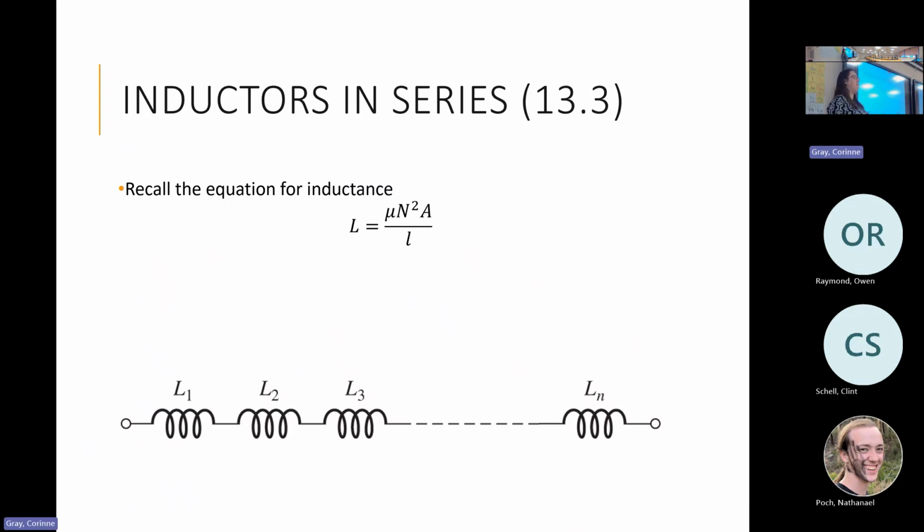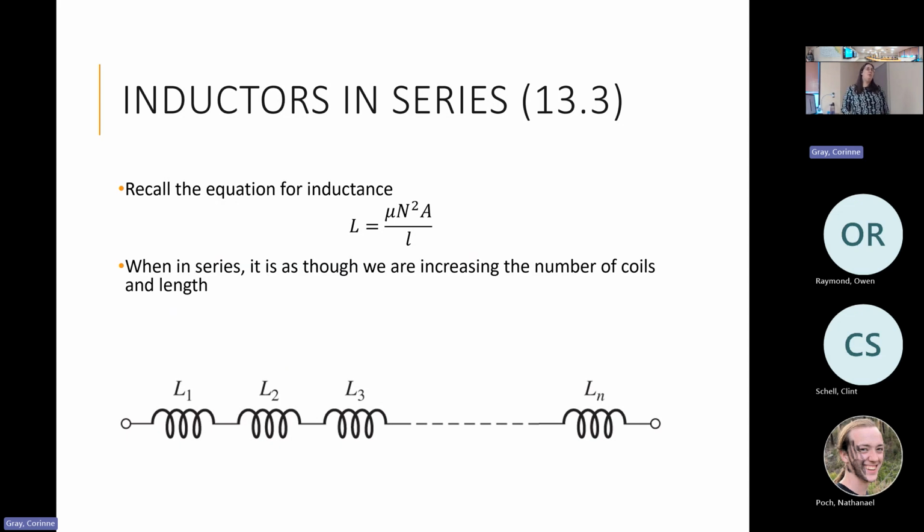So what's stopping me from taking them and shoving them and making it one really long inductor? Picture-wise, absolutely nothing. In practicality, maybe we don't have the ability to shove all of our inductors into one long coil, but we can treat it as if we were just increasing that length.